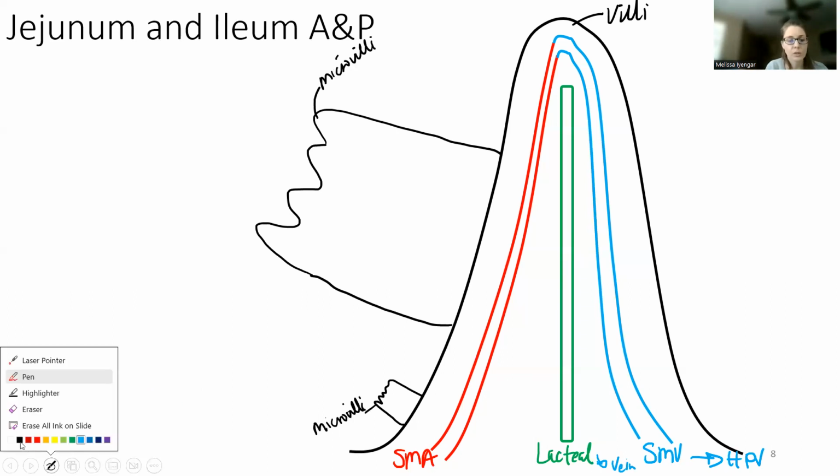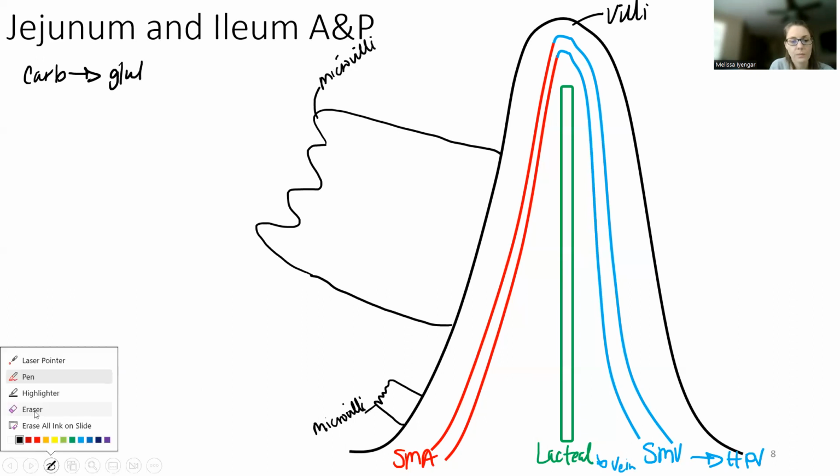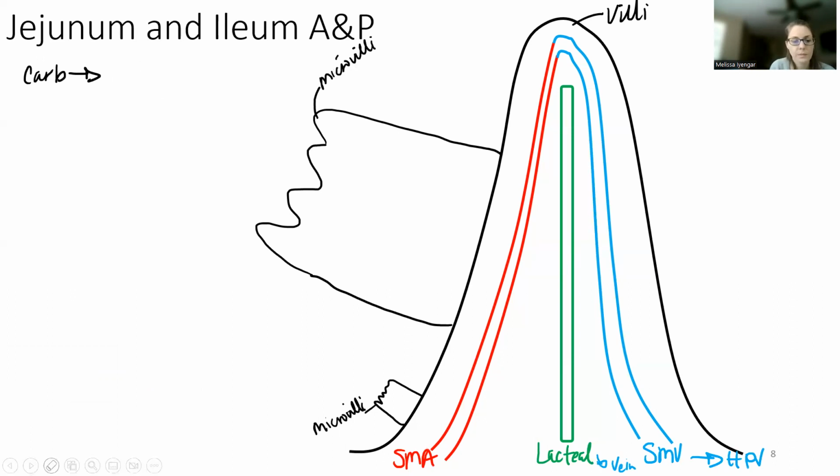So what I have to do is I have to kind of go through chemical digestion in order to figure out what I'm absorbing. So let's say I'm going to have a carbohydrate. The carb is going to be broken down into glucose, which is pretty small. It's like that. And then I'm going to have a protein.